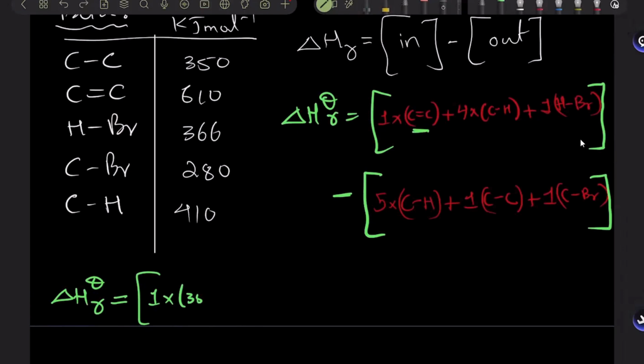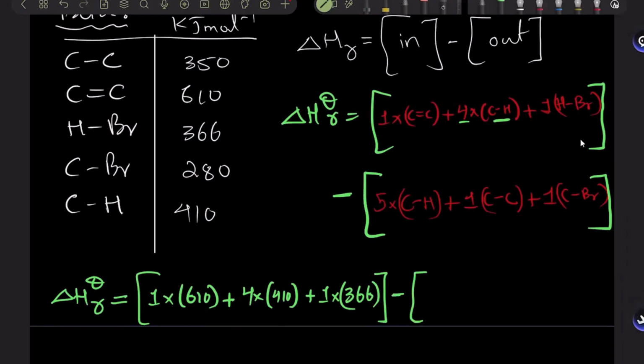So that's 610 plus, what's the bond energy for the carbon-hydrogen single bond? That's 410, so you have to do 4 times 410 kilojoules plus what else? 1 times the hydrogen-bromine bond, that's 366. So 1 times 366. This is all the energy that will be taken in for breaking bonds.